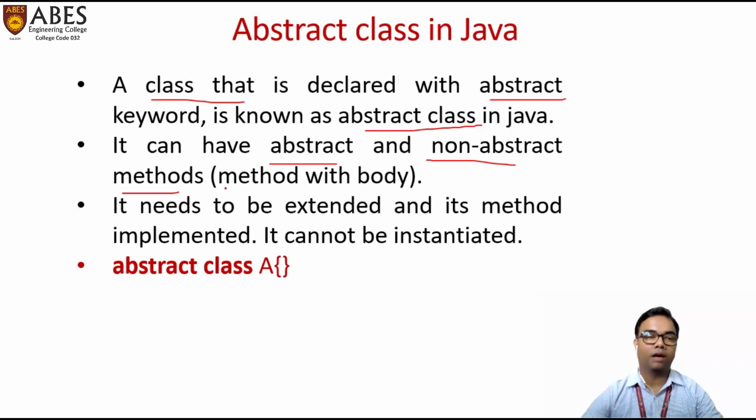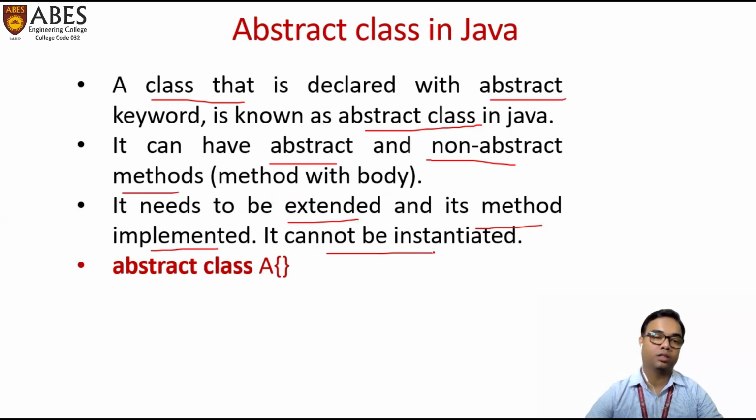Non-abstract means the method has an implementation, but an abstract method is only defined, with no implementation available. If you need to create an object of an abstract class, you cannot do it. It needs to be extended and its methods implemented.